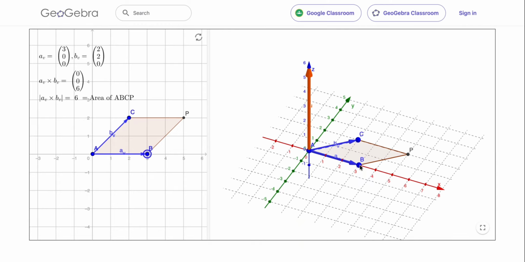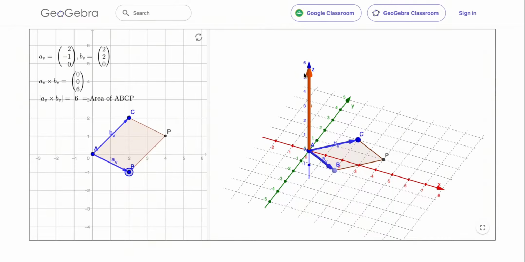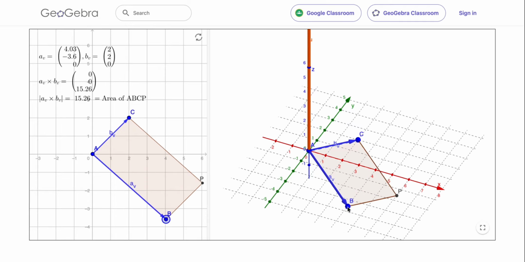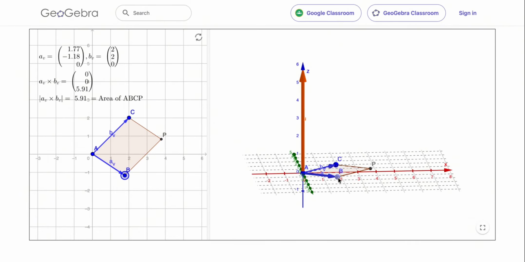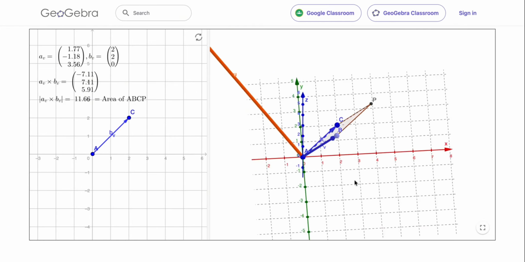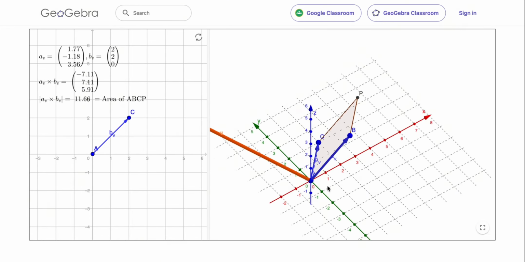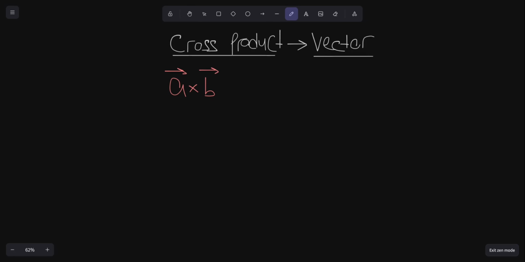So as I make the area of the parallelogram bigger and bigger, the magnitude of this new vector gets longer and longer. But the important thing to know is that it's going to be perpendicular to the two vectors. One vector goes here, one vector goes over here, and as a result, the new vector forms a 90-degree angle.